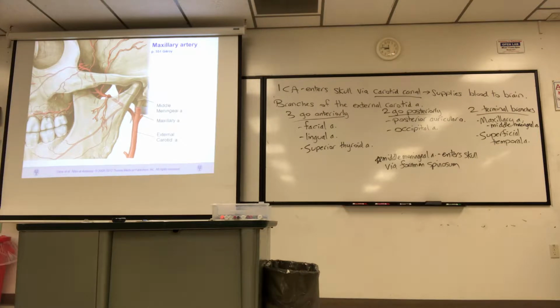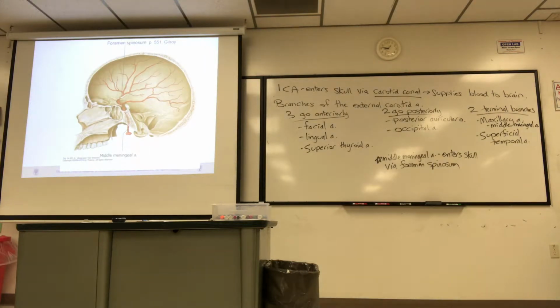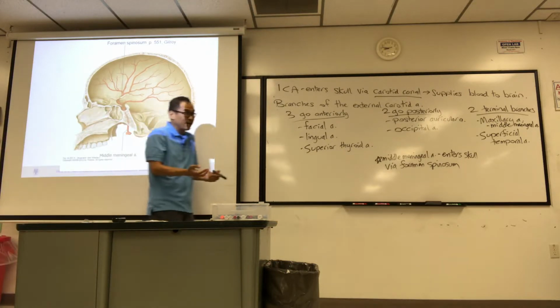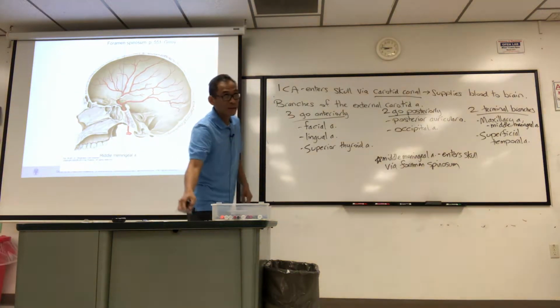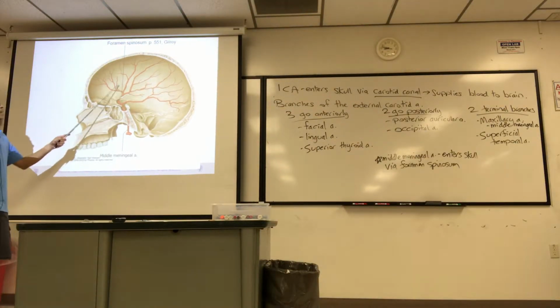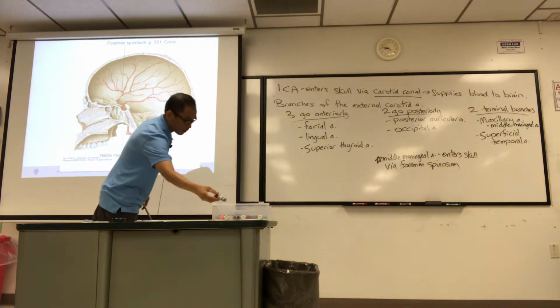Clinically. Let me show you some more pictures here. There's a picture of that artery entering the skull, and they cut the skull in the sagittal plane, so you can kind of see it from the inside. You can see how it would be inside the dura mater.